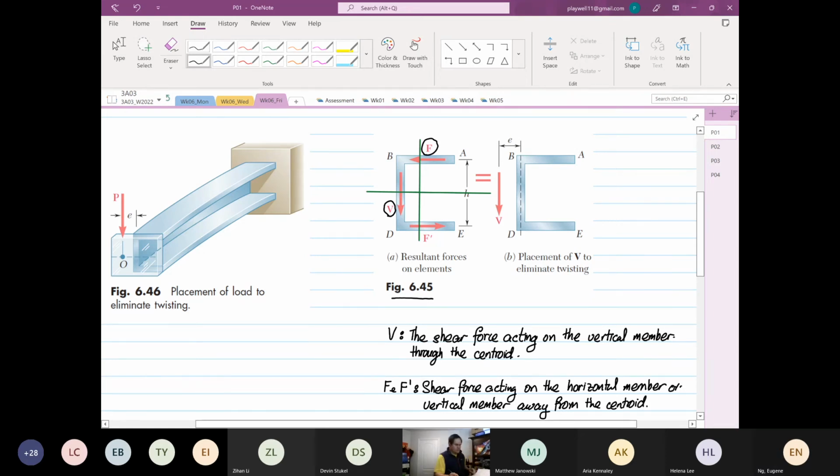So now we are going to design the shear force flow direction.